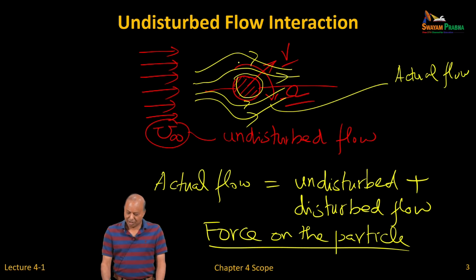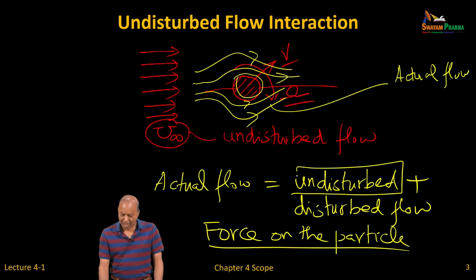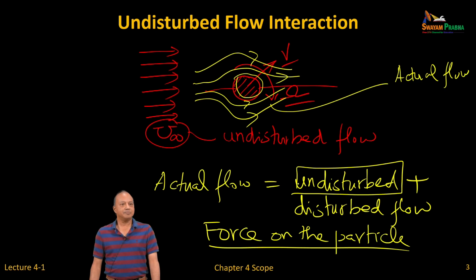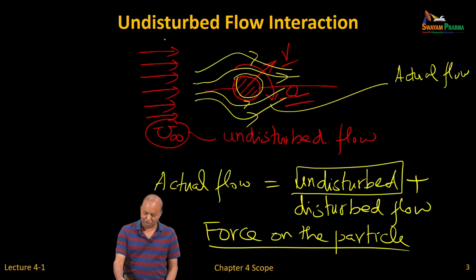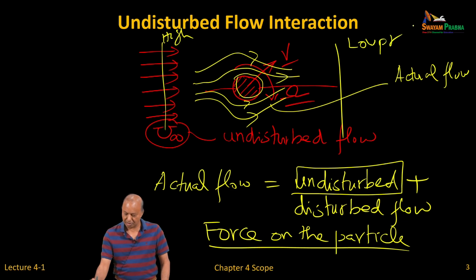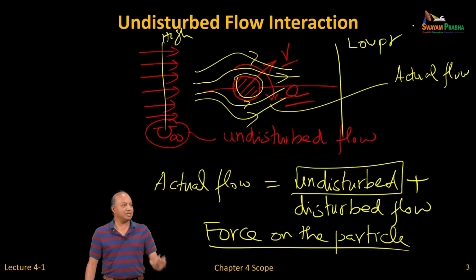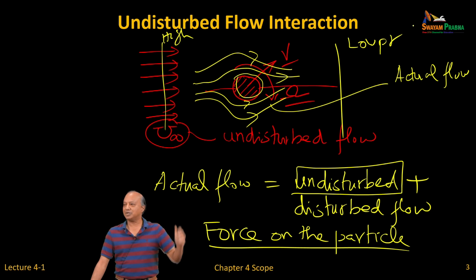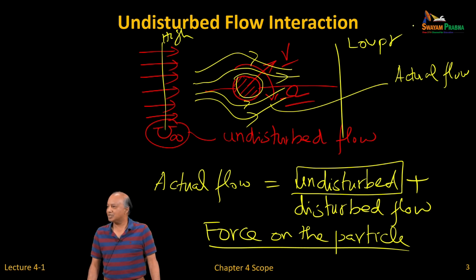Now you could take the undisturbed flow, it may have a pressure that could be changing. Say for example, it could be high pressure here and a low pressure here. So in other words, the undisturbed flow itself could have a pressure variation, could have viscous stresses and so on.